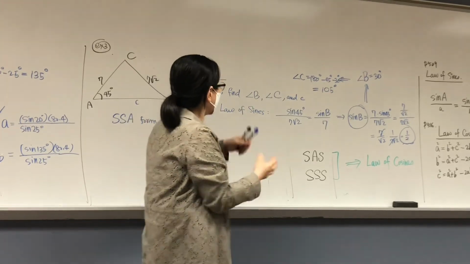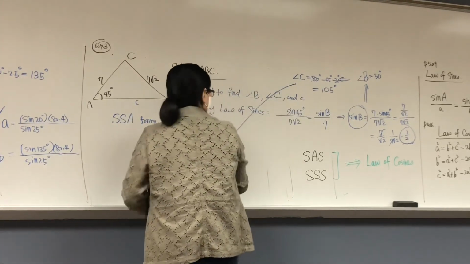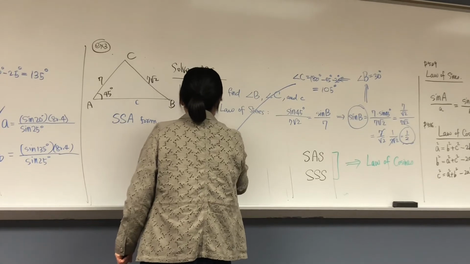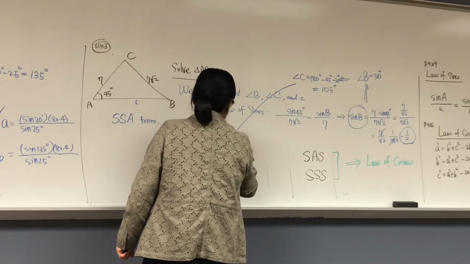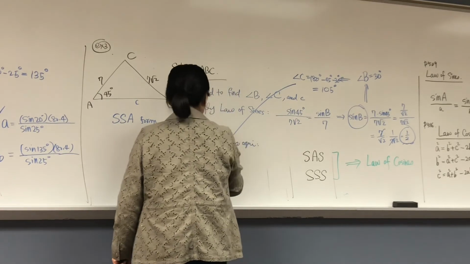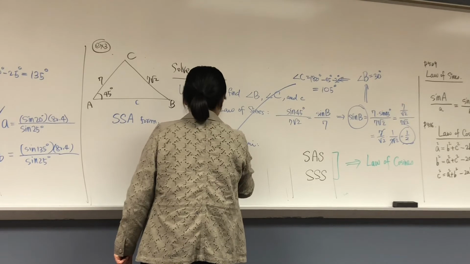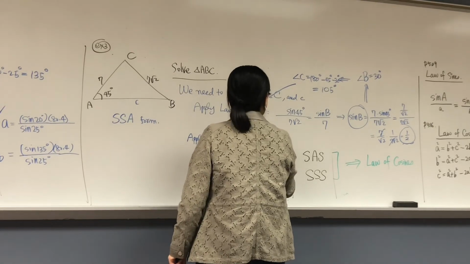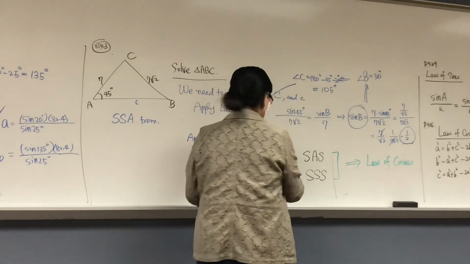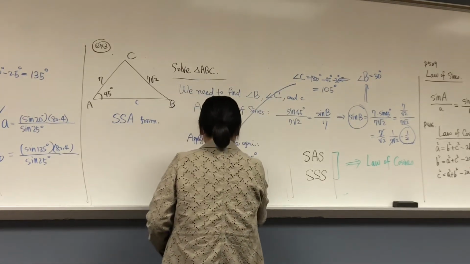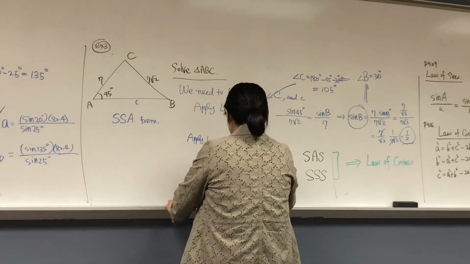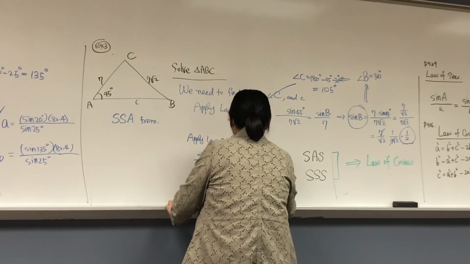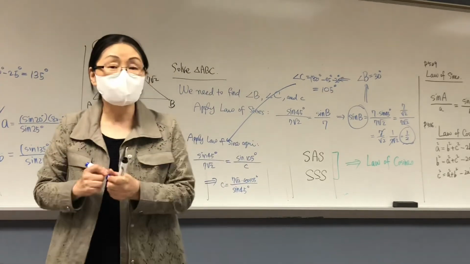Now, how do you find side C? Apply the law of sines again: sine 45 over 7 square root 2 is equal to sine 105 over C. And solve for C. So C is 7 square root 2 sine 105 over sine 45.